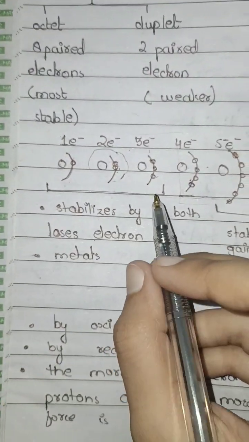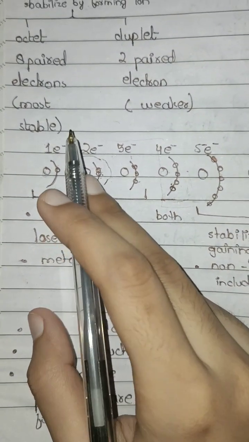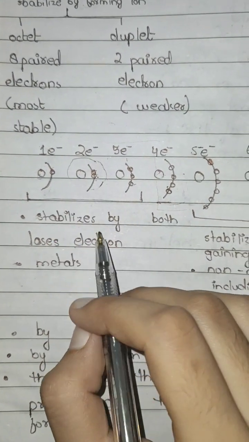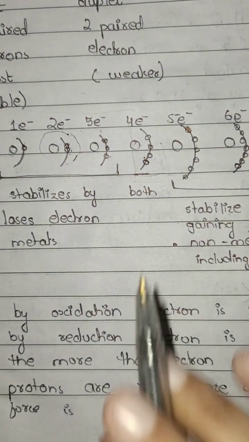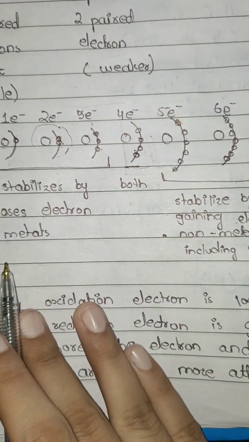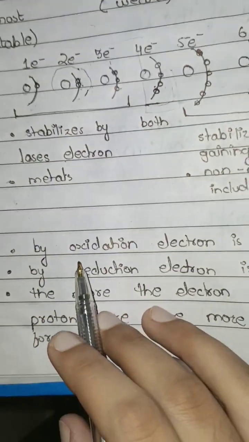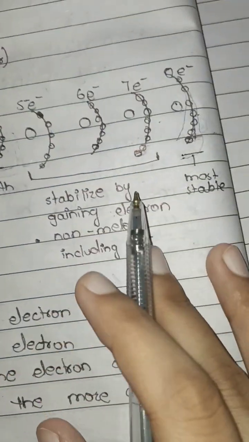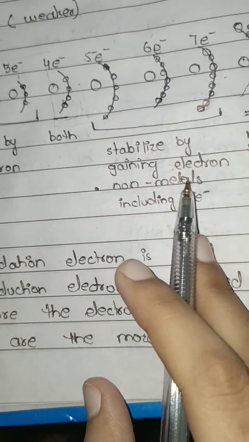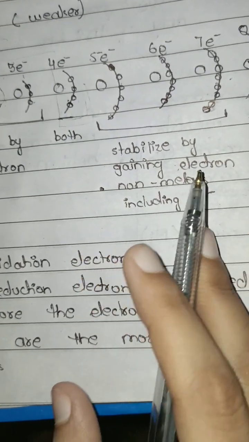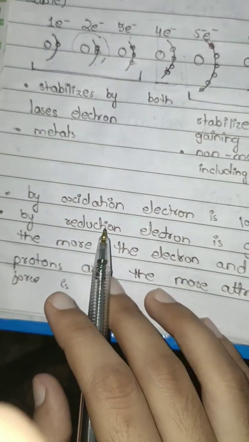Okay, so what's the process by which an atom loses electrons? An atom loses electrons by a process called oxidation, and an atom gains electrons by a process called reduction.